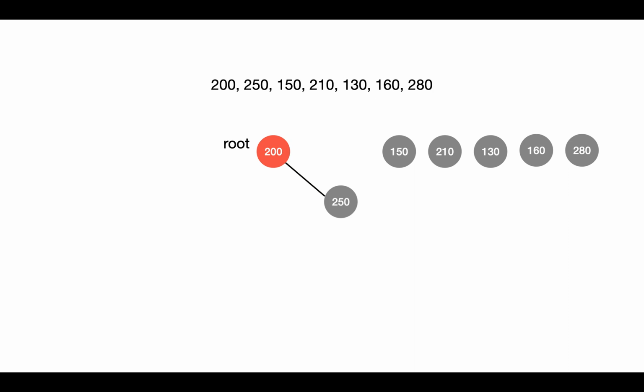So now next comes 150, which is less than 200, so it will be added on the left side of the root. Now 210, which is greater than 200, so it will be added to the right side of the root, and then it is less than 250, so it will be on the left of 250.